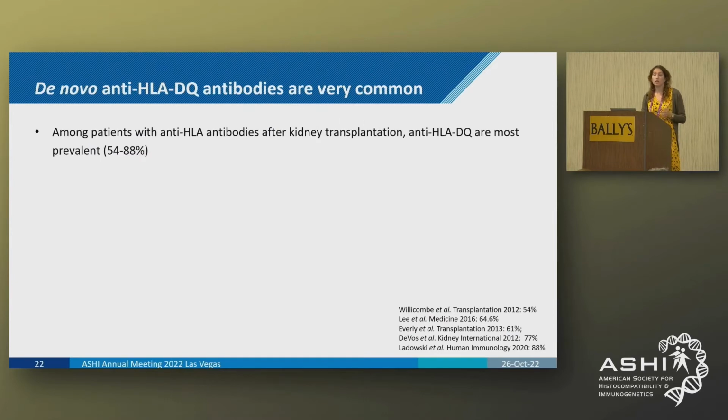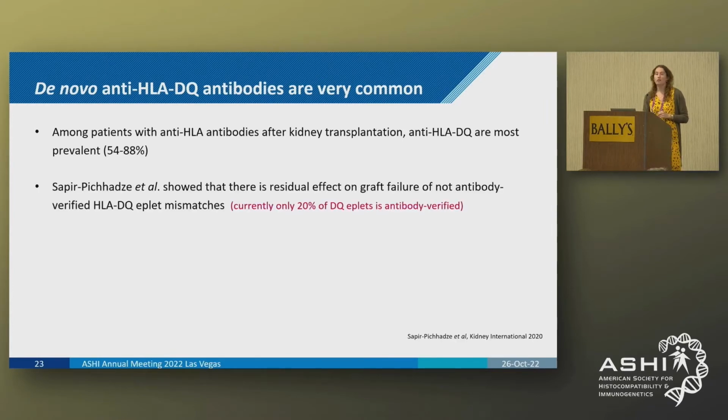HLA-DQ antibodies are very common after transplantation, so it's actually the most prevalent specificity after kidney transplantation. The same study which I showed you before from Ruth Sapir-Bigatse from Canada showed that there is a residual effect on graft failure of unverified HLA-DQ eplets.